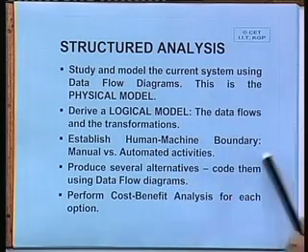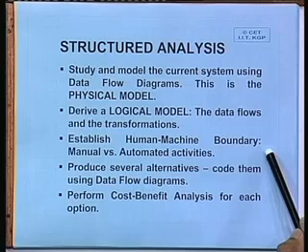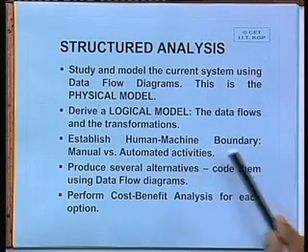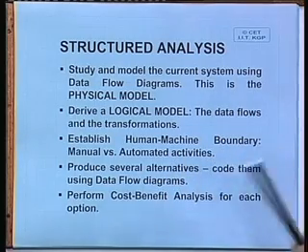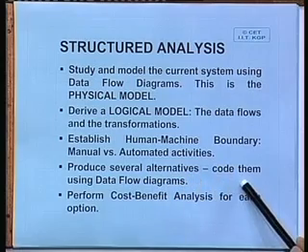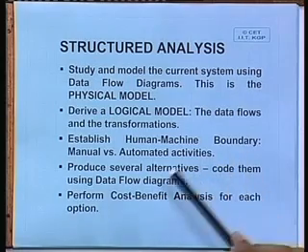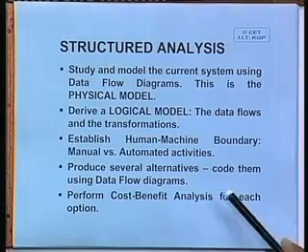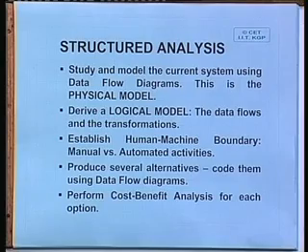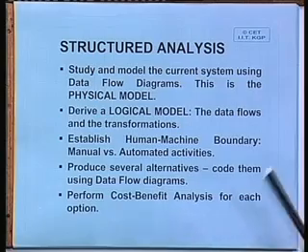Then establish the human machine boundary, manual versus automated activities. As I said before, there are going to be several alternatives, code them using data flow diagrams. Say, for example, the simple check processing system we have seen, there could be a number of alternatives, and depending on the alternatives, the manual or automated activities could be different.